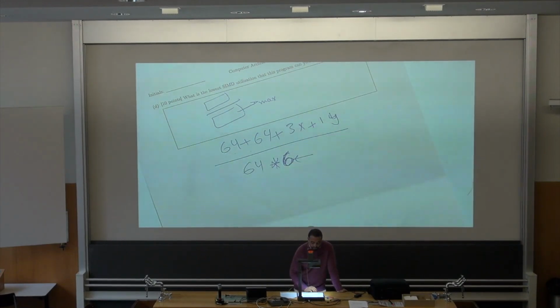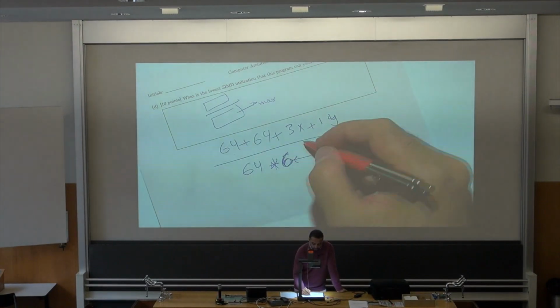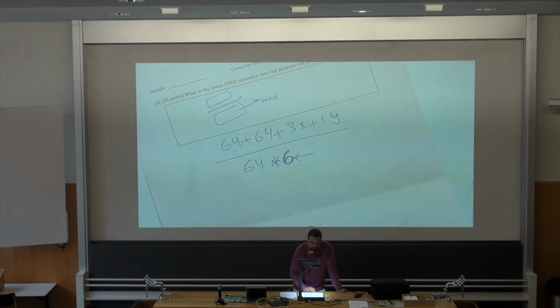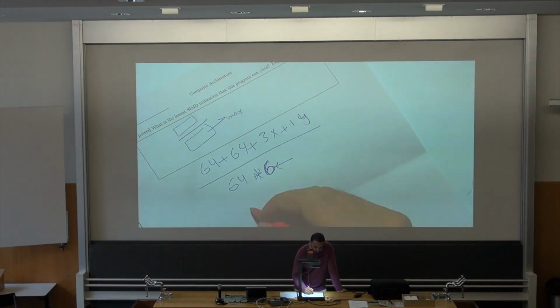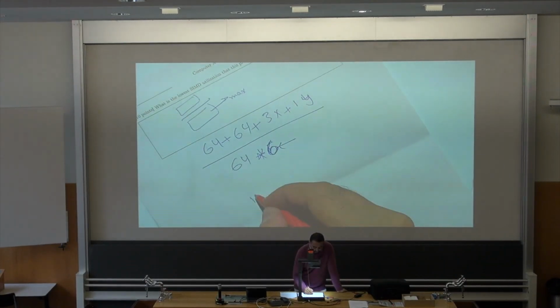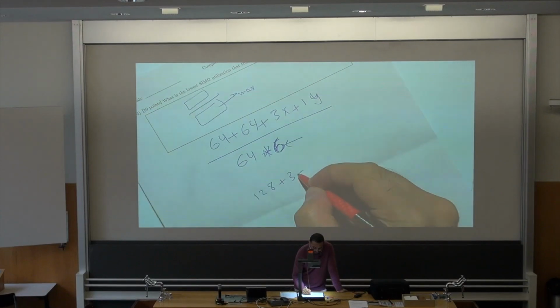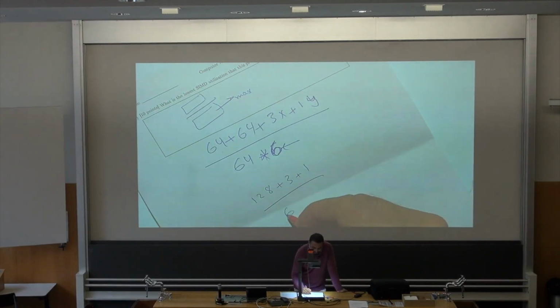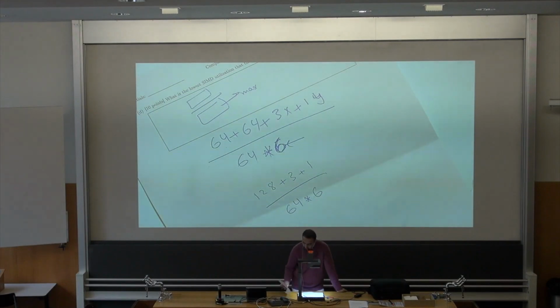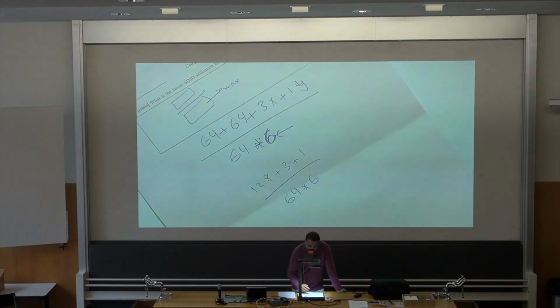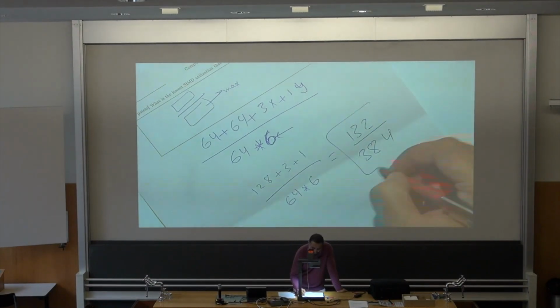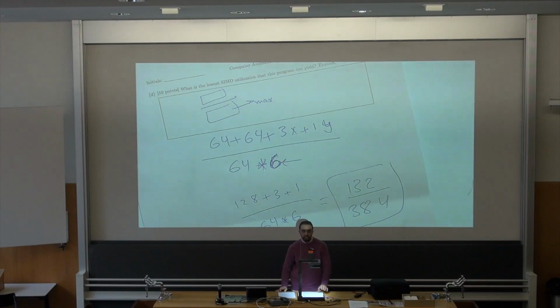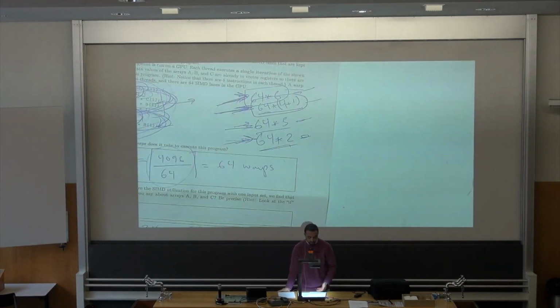So to have a value of 0 for x or y is invalid. The next minimum is to have 1 for both of them. And this basically gives you 64 plus 64, 128, plus 3 plus 1, over 64 times 6. And that gives you 132 over 384. So this is the minimum SIMD utilization you can achieve for that piece of code.